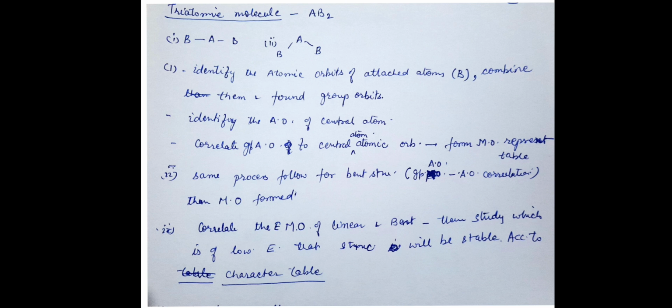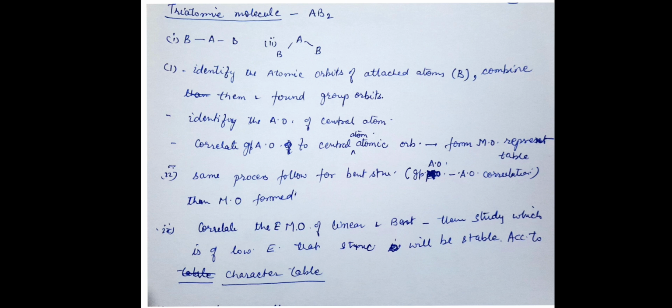First, identify the outer atomic orbitals of B, combine them, form group orbitals, then identify the atomic orbitals of A, then correlate the energies of the atomic orbitals of A and the group atomic orbitals of B, and then form the molecular orbital representation.